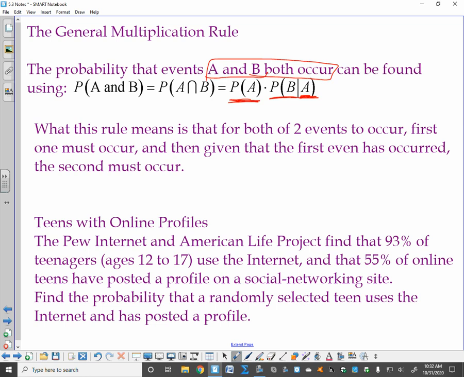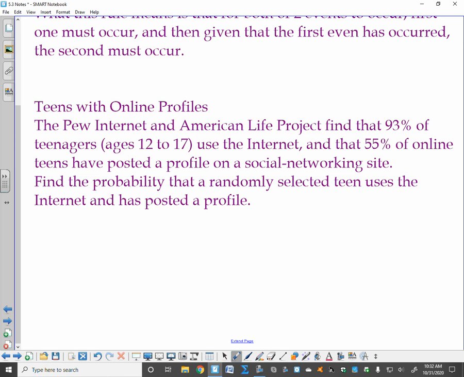Okay, teens with online profiles. The Pew Internet and American Life Project finds that 93% of teenagers, ages 12 to 17, use the internet, and that 55% of online teens have posted a profile on a social networking site. Okay, that was a given. Like what we just read, that was a given. 55% of online teens have posted a profile on a social networking site.